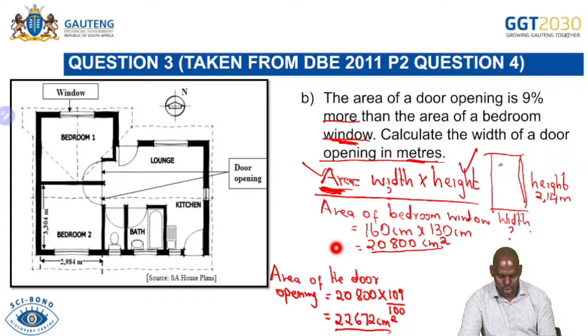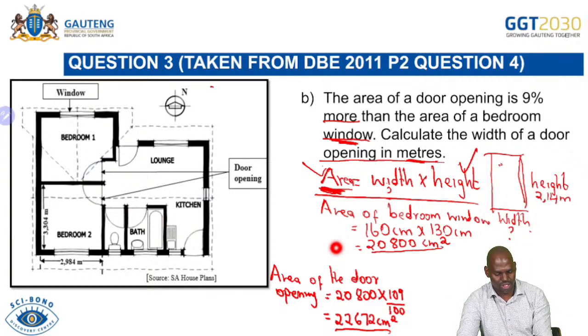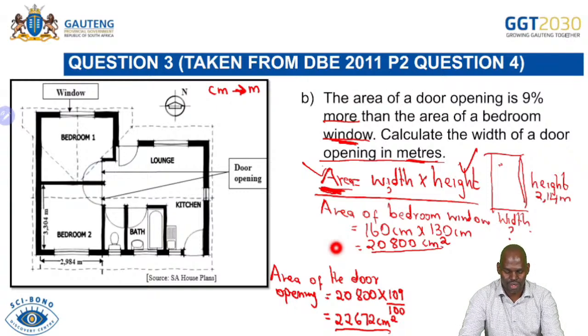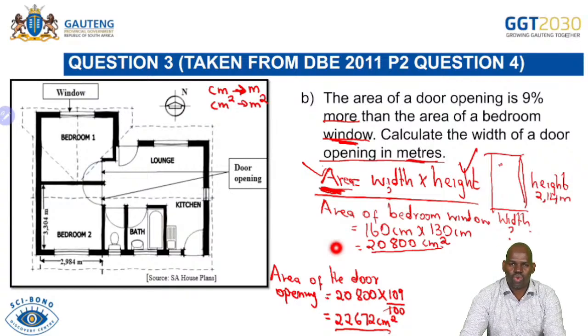If you convert from a centimeter to a meter, you divide by 100. That one we know is for a length. But now you cannot do the same thing if it's a centimeter squared. How do you convert from centimeter squared to meter squared?